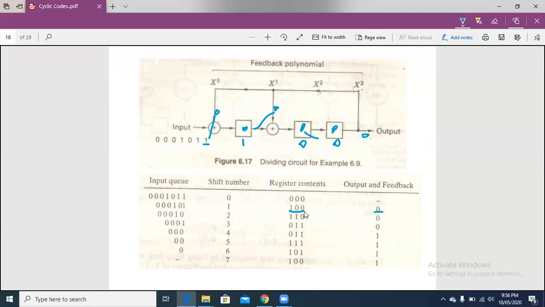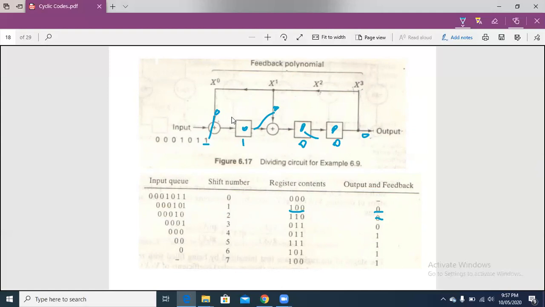Now, what about the second shift? In the second shift, the output here is 0. So we have again the output 0 here, and we have 0, 0 here.